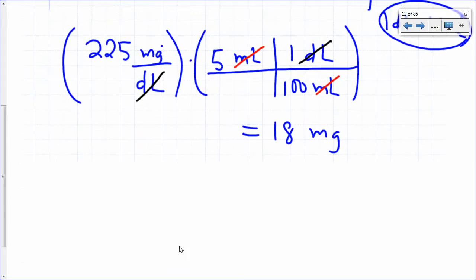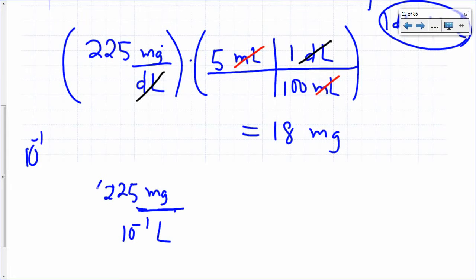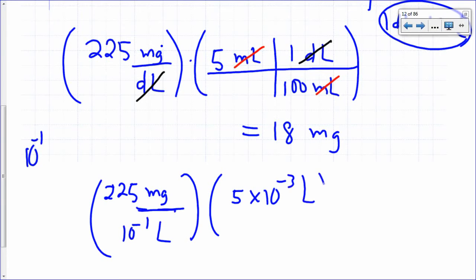Here's another way you can do it. You can say this is 225 milligrams per deciliter. And a deciliter is 10 to the negative 1 liter, right? A deci means 10 to the negative 1. Multiply by 5 milliliters, 5 times 10 to the negative 3 liters.